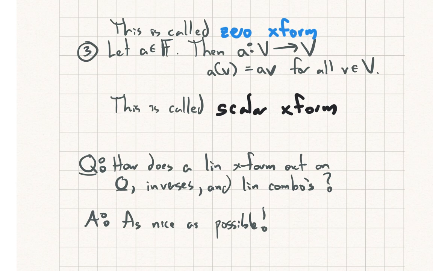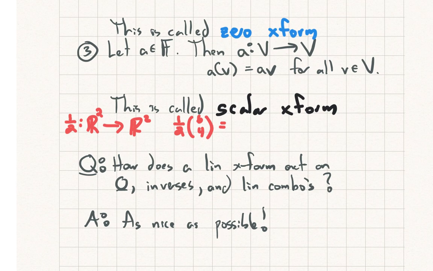So let's say we'll go over R2, I guess. So we'll have 1/2. We'll go from R2 to R2. And then the linear transformation 1/2 of the vector, let's say (6, 4). Well, that's just going to be multiplying 1/2 by this vector (6, 4).